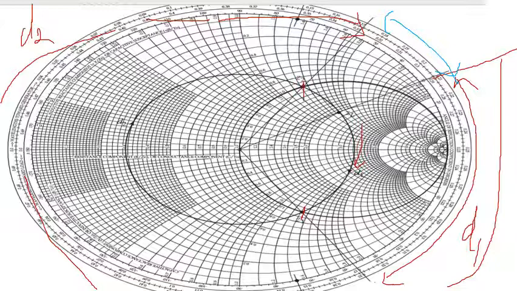From this 0.5 lambda, I subtract the ZL point. Why am I subtracting the ZL point? Meaning, from here, look at this blue color thing. I'm marking it. Can you see it? From here up to my ZL point is how much?